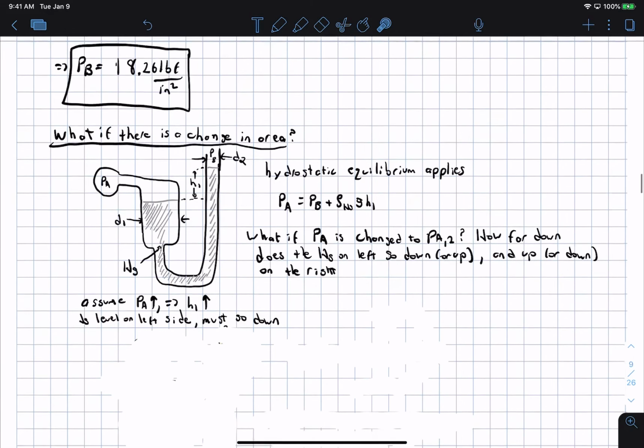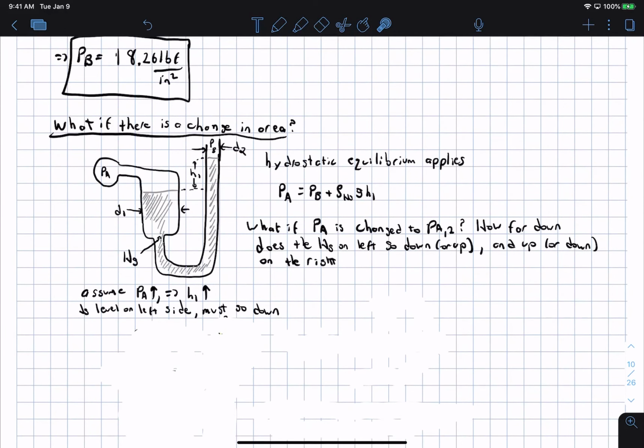And also we know intuitively that if there is higher pressure here, the higher pressure is going to push more of the mercury down. It's going to push it down into this little tube, and it's going to move up on the other side.